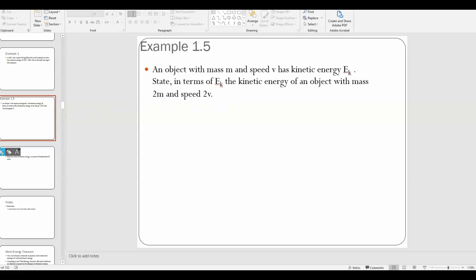We've seen this type of problem before. This is our good old friend, the proportional reasoning problem. I want you to try to do example 1.5 on your own using the equation Ek equals 1/2 mv squared. Remember that your answer should be some number times Ek. Try to answer that now.